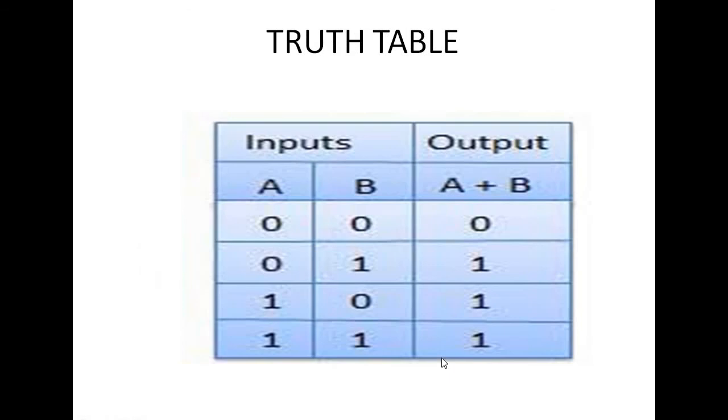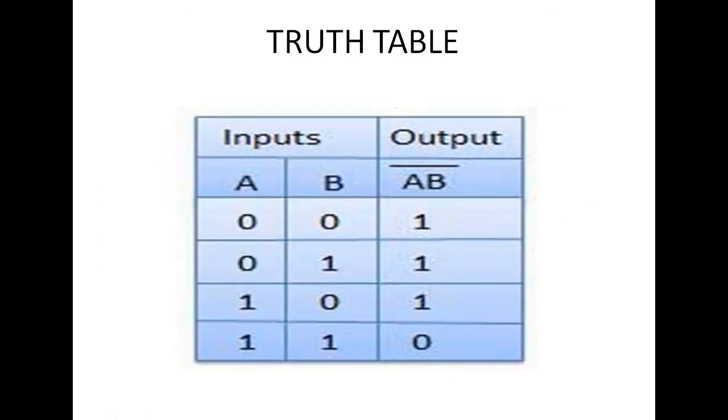But NAND gate means AND plus NOT, so it is just the opposite of AND gate. Here, if both the inputs are 1, the output is not 1, it is 0.